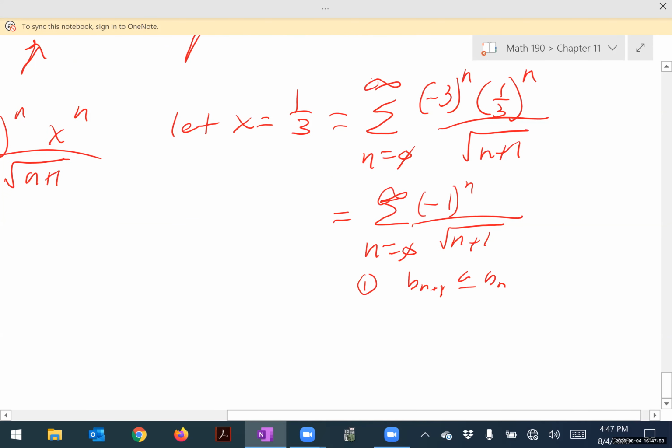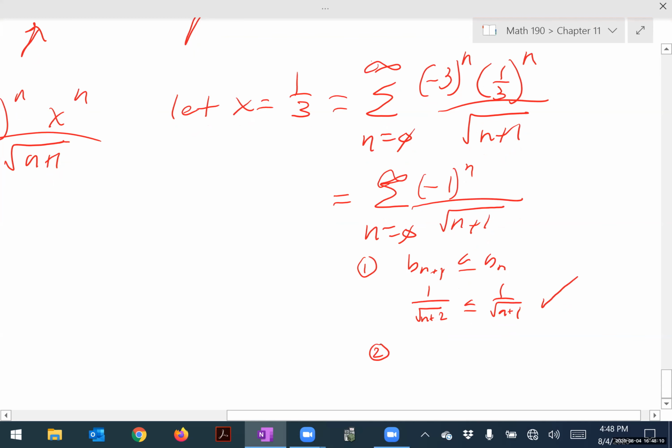Are these terms decreasing? Yes, they're decreasing. Is 1 over the square root of n plus 2 less than or equal to 1 over the square root of n plus 1? Yes, that is always true for any n.